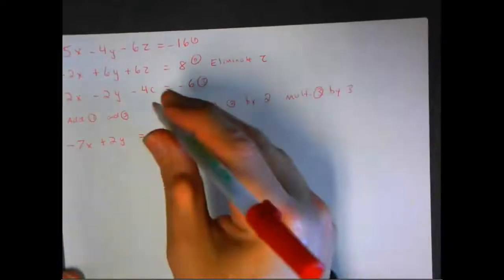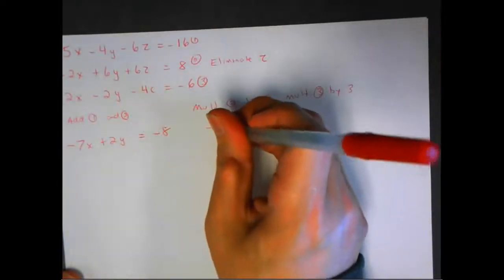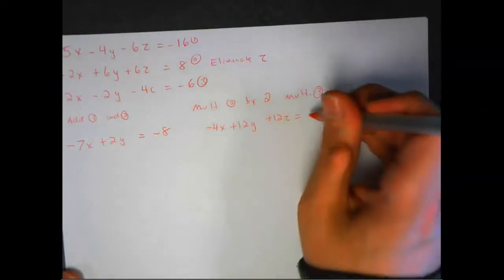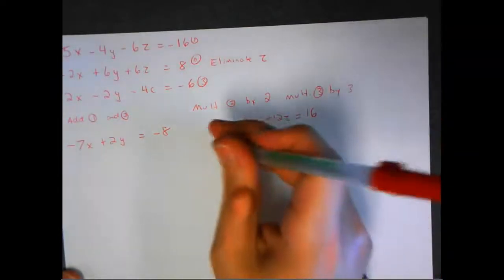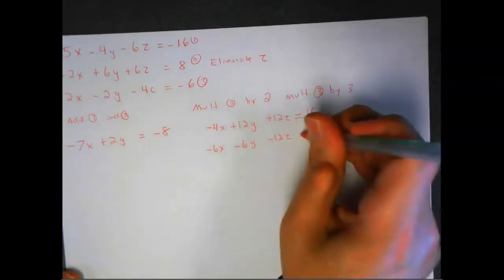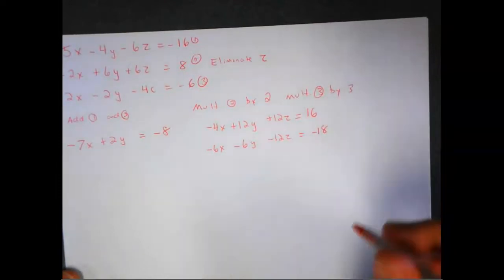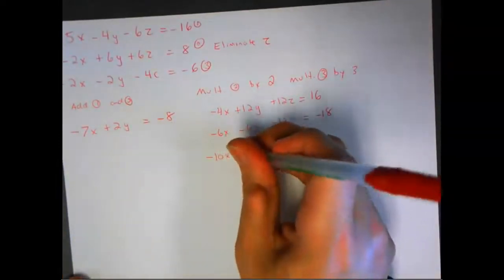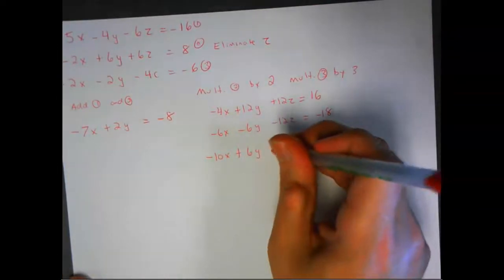So negative 4x plus 12y plus 12z equals 16. Negative 6x minus 6y. Add them together: negative 10x plus 6y equals negative 2.